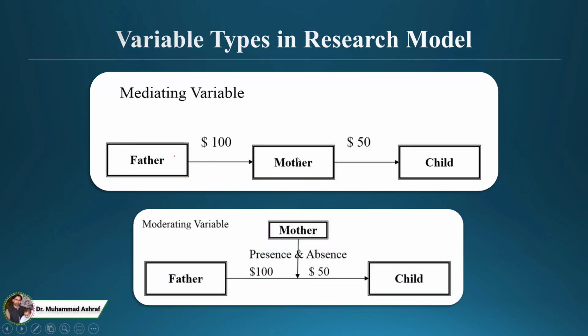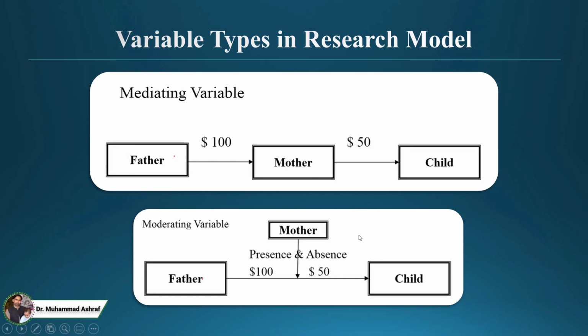Similarly, to understand the moderating impact of the mother, consider when the father gives money directly to the child, and the presence or absence of the mother influences or moderates the amount given to the child by the father. Might be the mother influences the father to give $100, or might be the mother influences the father to give $50.